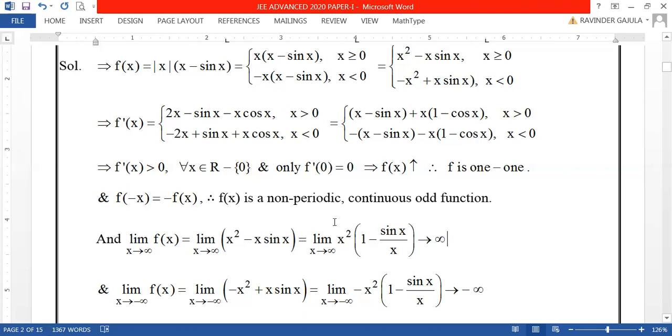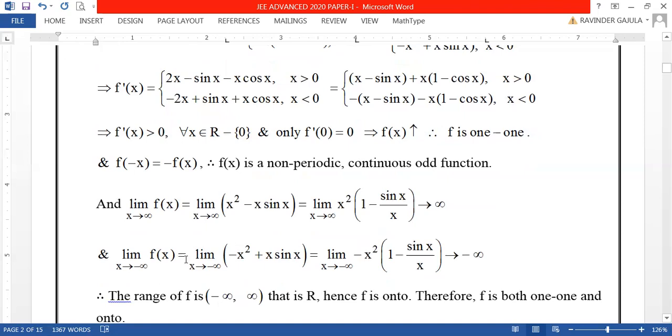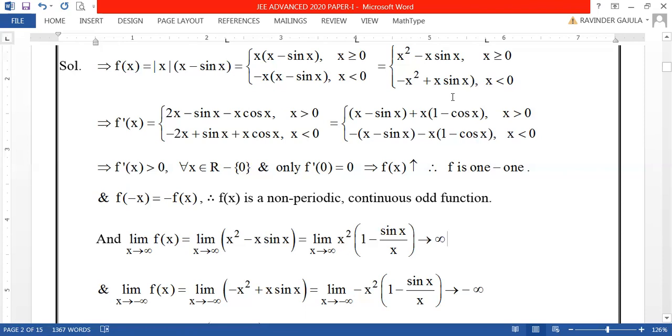Got the point here? And then limit x tends to minus infinity, f of x. As x tends to minus infinity, the function will be taken for x negative. So, for x negative, this is the function: minus x square plus x sin x. Again, taking minus x square common, it is 1 minus sin x by x.